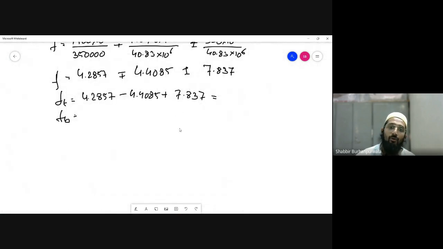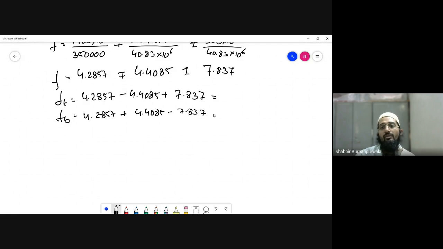And then for the bottom fiber, we have 4.2857 plus 4.4085 minus 7.837.